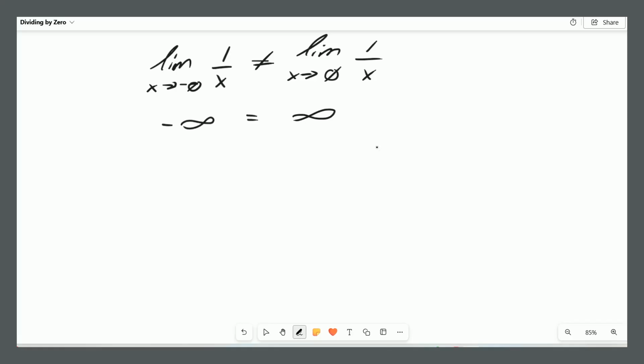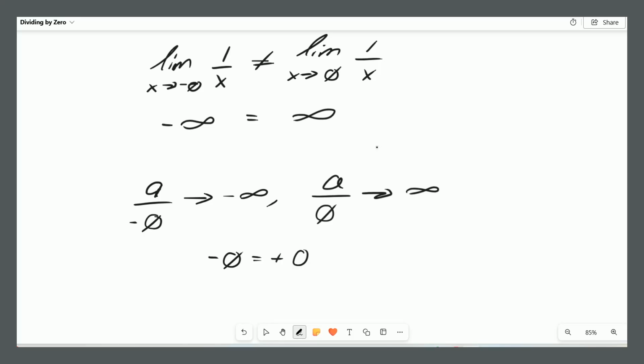Or to put it in a less formal way, how come something divided by negative 0 approaches one answer, something divided by positive 0 approaches a different answer, even though negative 0 equals positive 0?